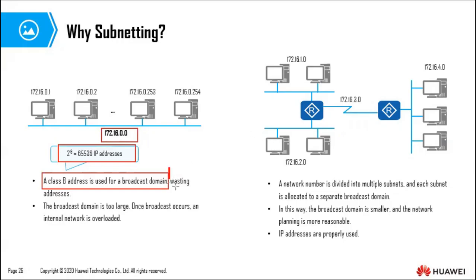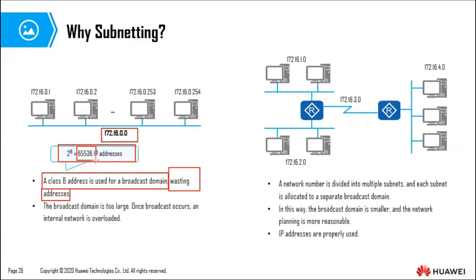Also, we are going to waste so many addresses, because if we have just 200 devices, you rarely get any lab, for example in a university, with such a huge number of devices. If we only use 200 out of all this, are you seeing we've wasted more than 65,200 addresses? It's just going to be unusable.